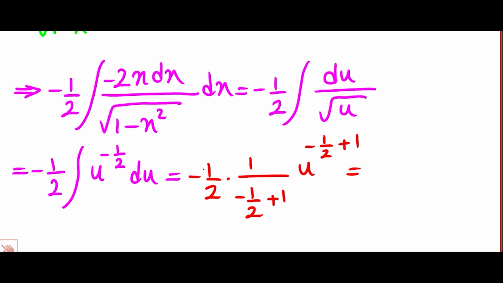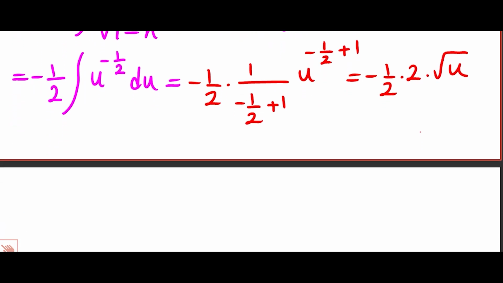So we have negative 1/2 times negative 1/2 plus 1 is positive 1/2. So 1 over positive 1/2 is 2 times u to the power of positive 1/2 means the square root of u.